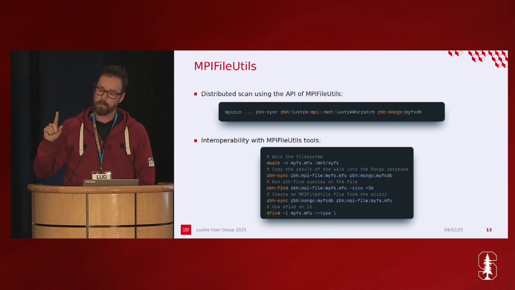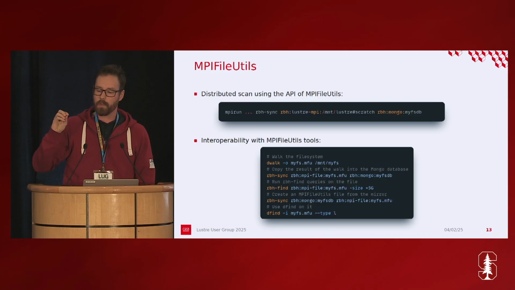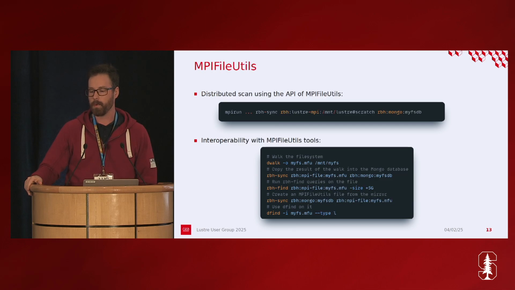And also what you can do is create one of those files from the MongoDB backend, for instance, so that you can take the mirror of your metadata, generate a file, and then use MPI file utils tools to run custom commands. So in this example, I've used dfind, but you can also use DRM if you want to remove files in a purge policy, for instance.